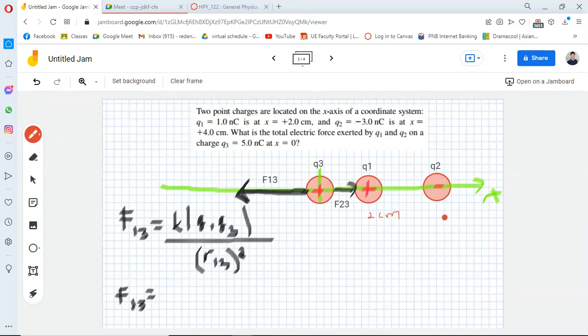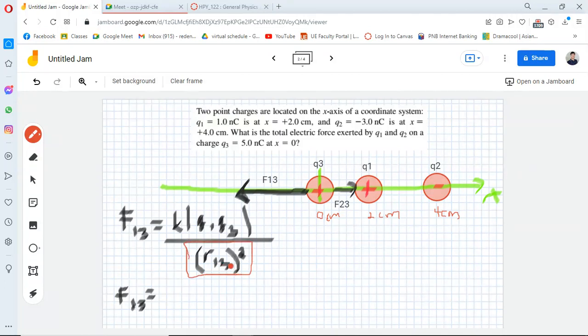While si Q2 naman ay nasa 4 cm away, okay, from the x-axis. And this is your x is equal to 0 cm. Okay, this is cm. Our problem here is this R13.